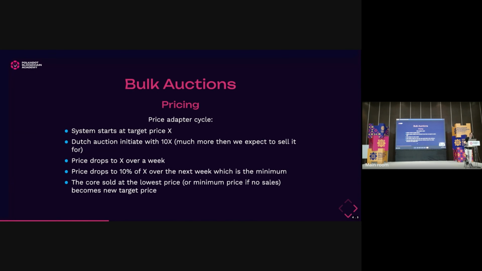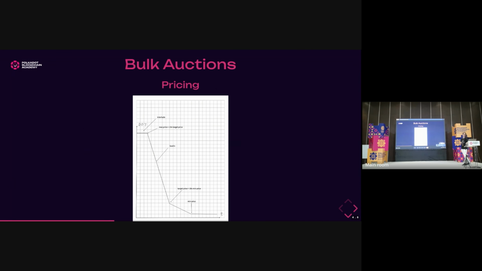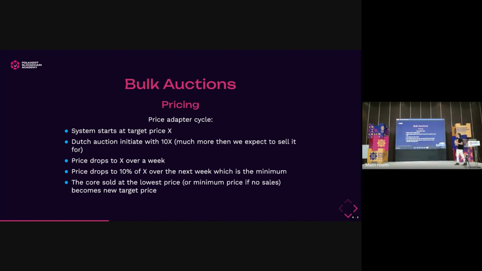And the whole pipeline is that we essentially start with some kind of a maximum price. In a Dutch auction, you need to have some maximum, and we slowly descend to a lower minimum price. It will initiate at some price X, and the Dutch auction will linearly over time decrease to the minimum price.